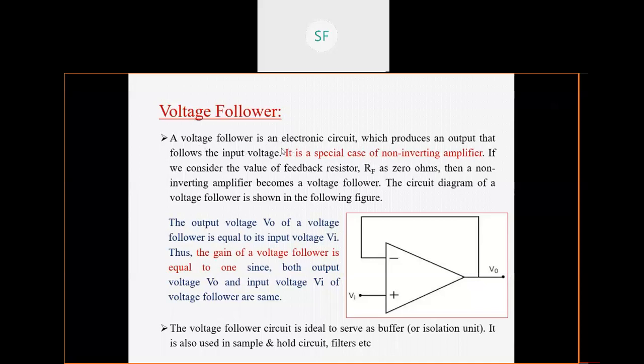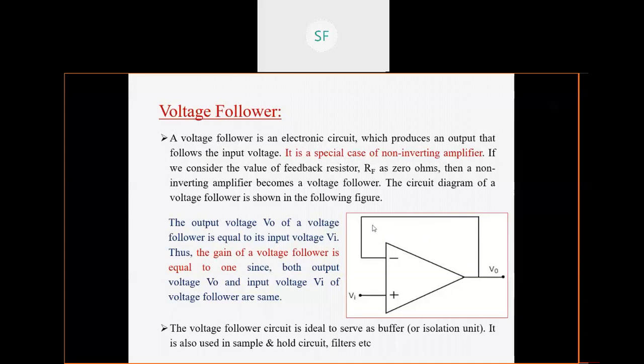Now a voltage follower is an electronic circuit which produces an output that follows the input. That's why it is called a voltage follower. It means the output will simply follow the input. It is a special case of a non-inverting amplifier. Just now we identified it as a non-inverting amplifier, but what difference do you observe in the feedback?